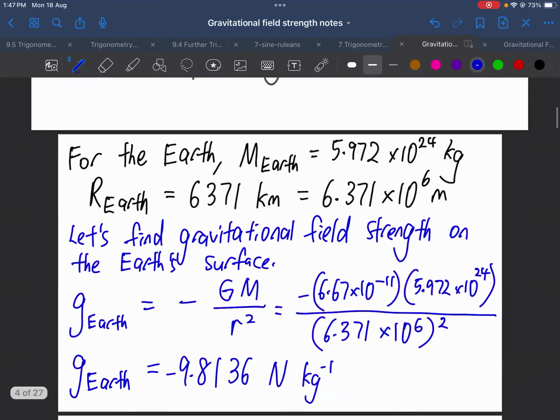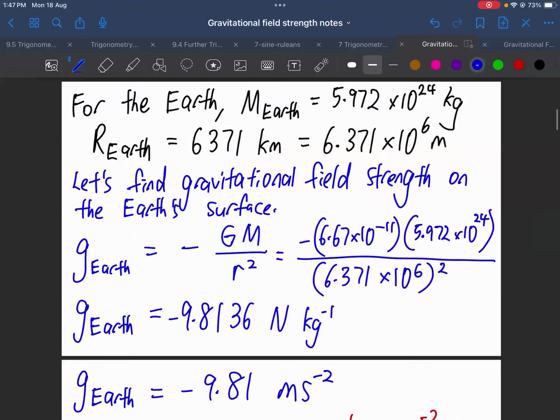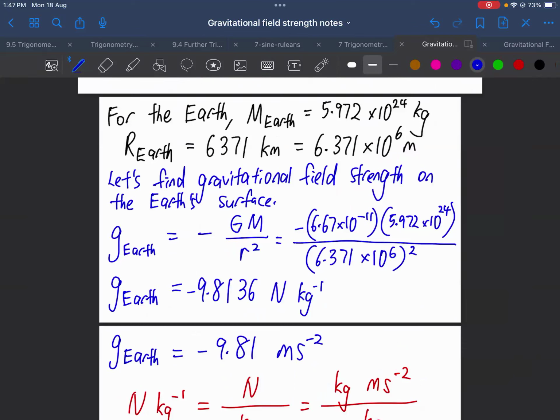So now you can check. In the past, you have been taught that g must be 9.8 something. But at that time, you didn't really understand why we get such a value. So today, if you use g equal to negative GM over r squared, you are able to get g equal to 9.81 here.